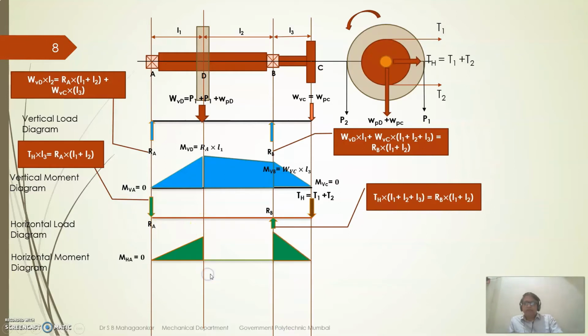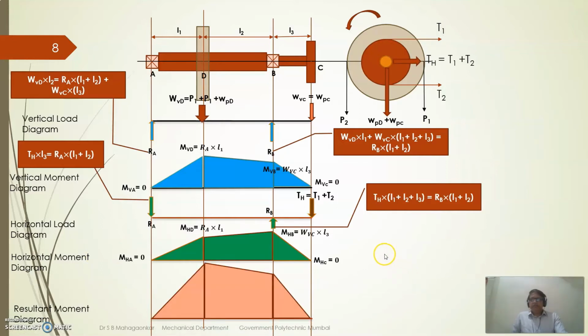Similarly, moment about B point is nothing but T1 plus T2 into this distance. Taking that, I can get this as MHD, and then this is MHB, and MH at C point will be 0. And the resultant moment diagram.